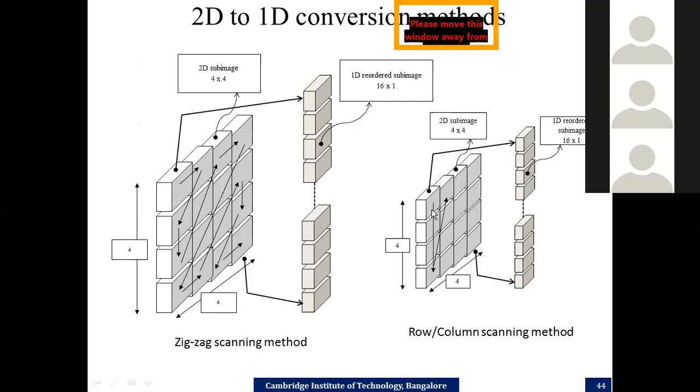But when you scan it, the first and second pixel are in the first 2 locations, but the pixel which is supposed to be placed close to this is now shifted somewhere down. So the entire correlation between the pixels is lost. Instead of row or column scanning, we have used zigzag scanning, and this improves the correlation between the pixels. This is one of the conversion methods that is also recommended for converting 2D to 1D.